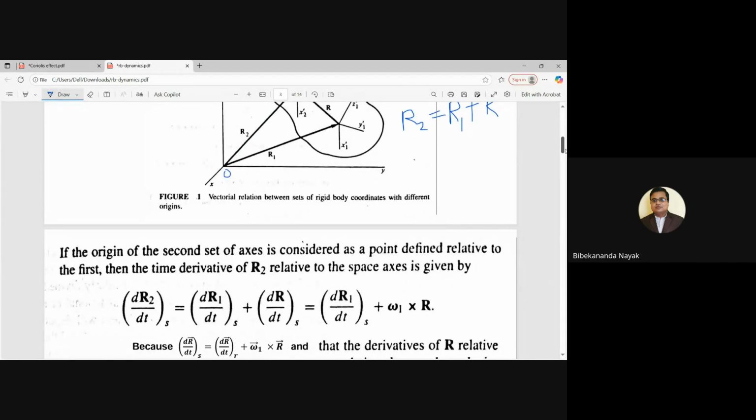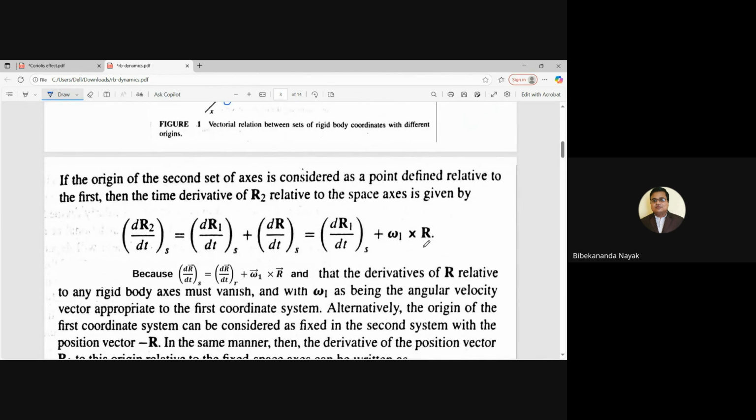But dR by dt in S, as you already saw in the last slide, is omega cross R.